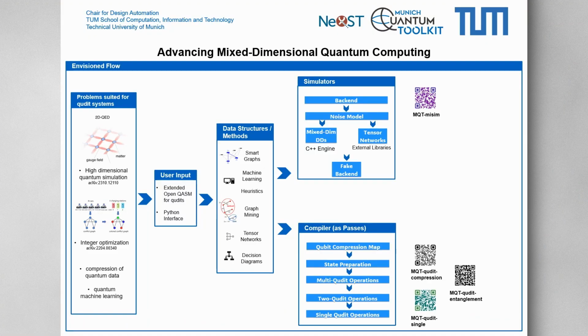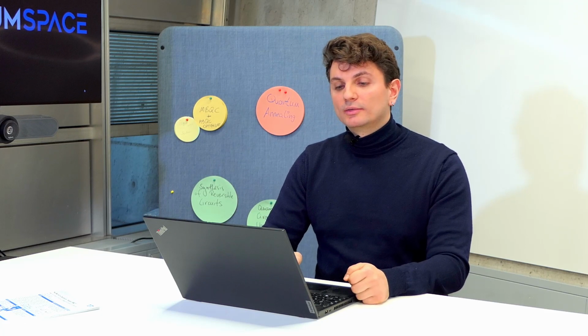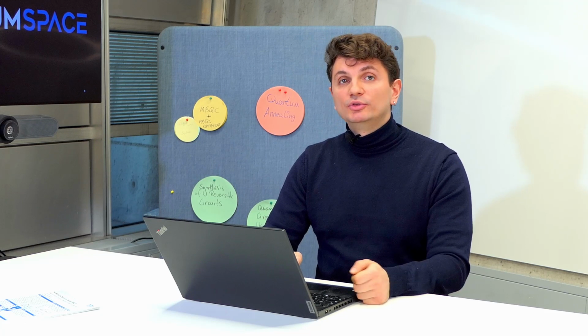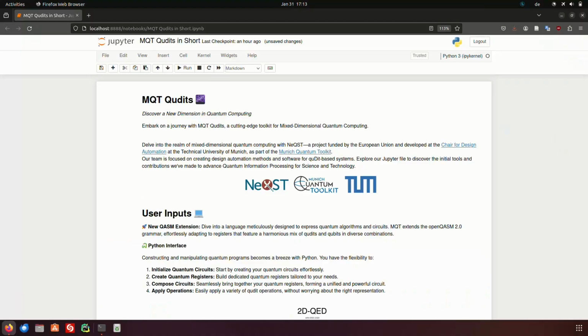Here also some references to some of our contributions. Lastly, the sequences produced by a compiler can be executed on a qudit machine and then compared to the results of a simulation. Okay, let's take a look now at this Jupyter notebook and let's try to understand how the Envision Flow is put into practice.